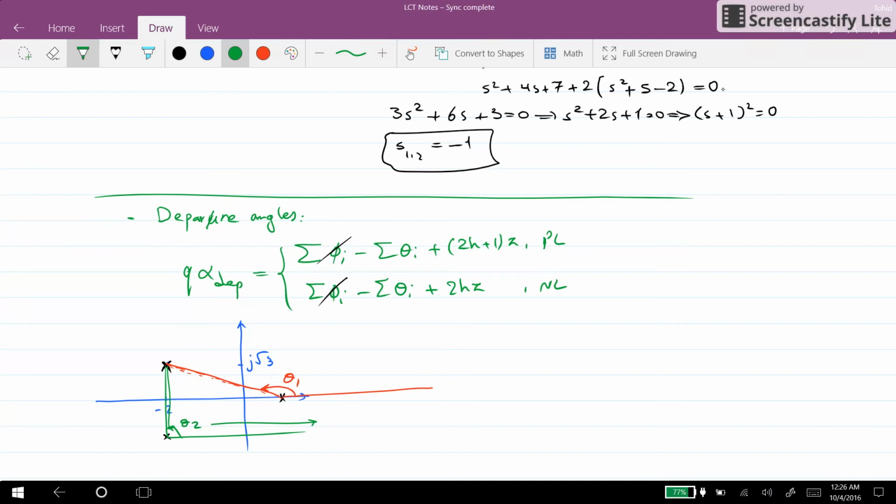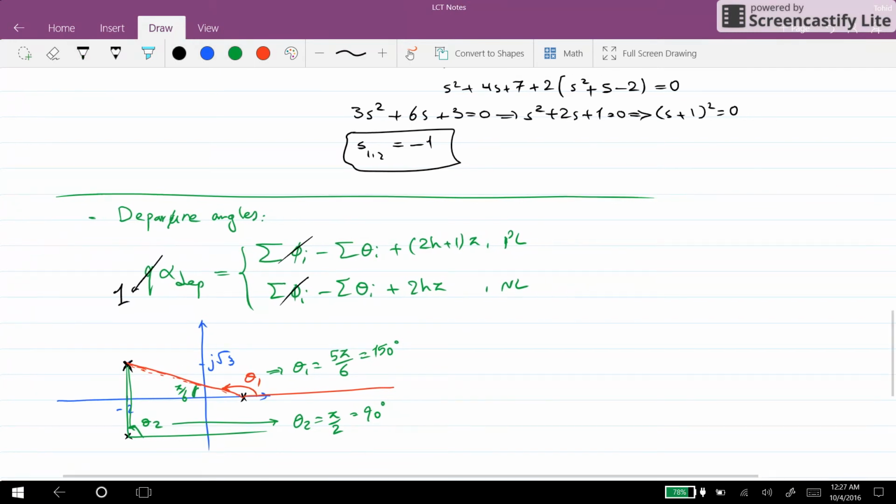So it's obviously theta 2 is equal to pi over 2. And here we have this angle equal to pi over 6, or 30 degrees. As a result, theta 1 will be equal to 5 pi over 6, or indeed 150 degrees. And here we have 90 degrees. So therefore we can find out the departure angle, and q here is equal to 1 because we have only one pole at that point.